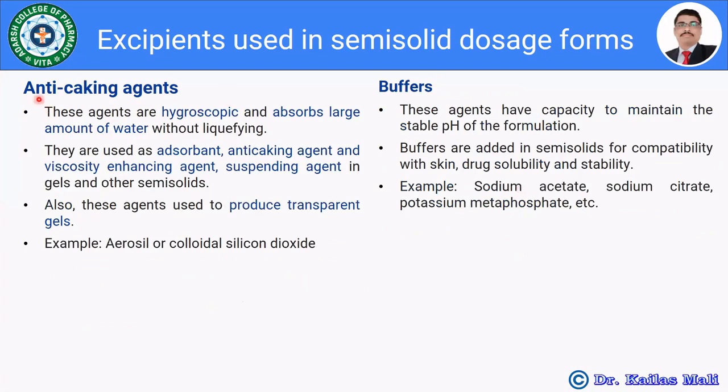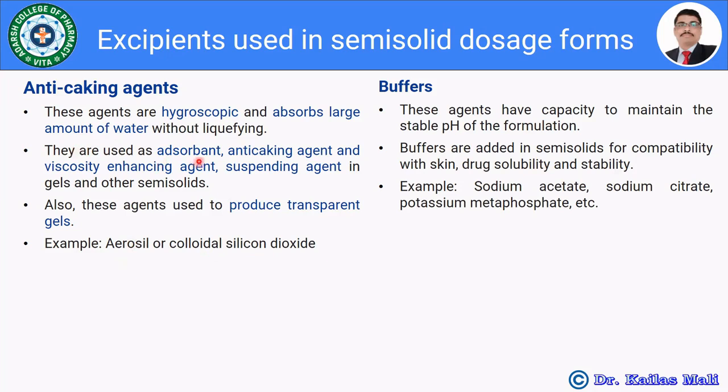Next one is known as an anti-caking agent. These agents are hygroscopic and absorb a large amount of water without liquefying. For example, colloidal silicon dioxide, also known as Aerosil.